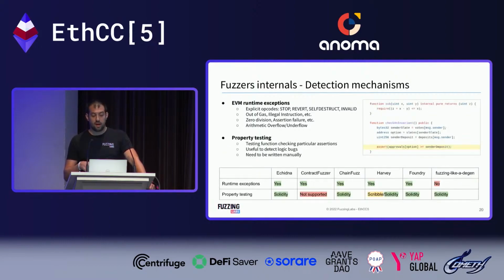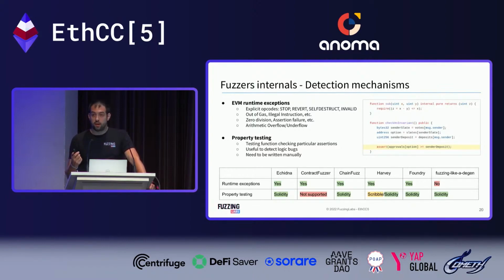Another point that I think, as a user, is the most common one is property testing. What most fuzzing frameworks on Ethereum ask you to do is to write what we call invariants, or at least testing functions. That means you will need to write in Solidity some functions that will be there to test some particular properties.